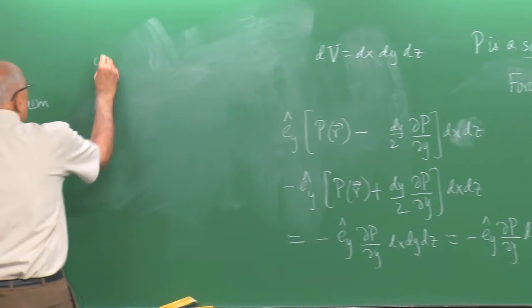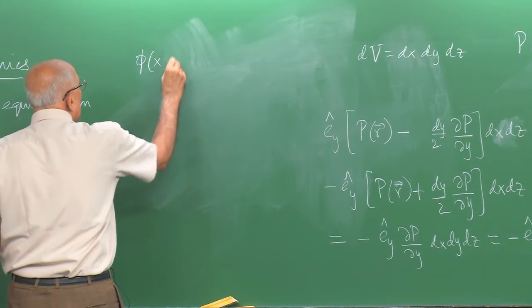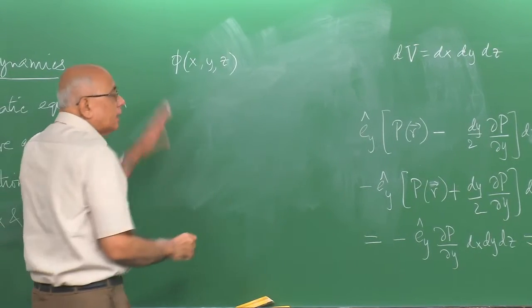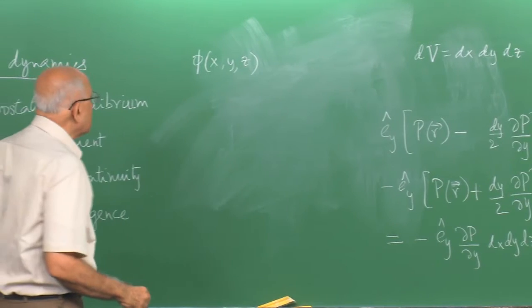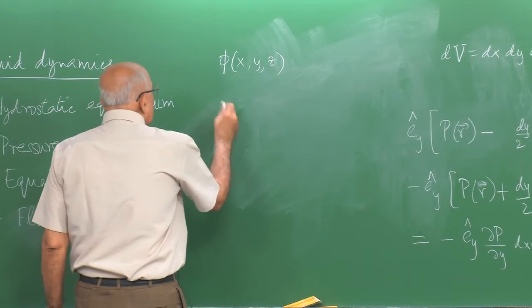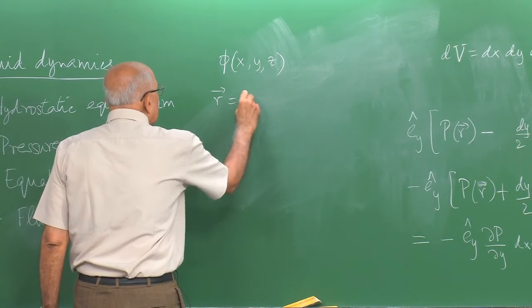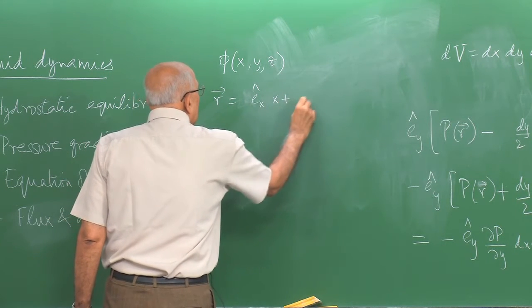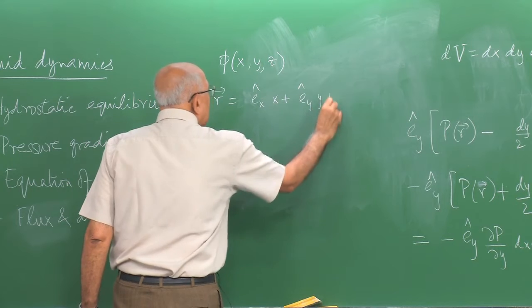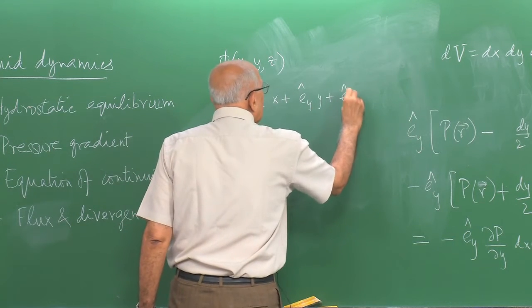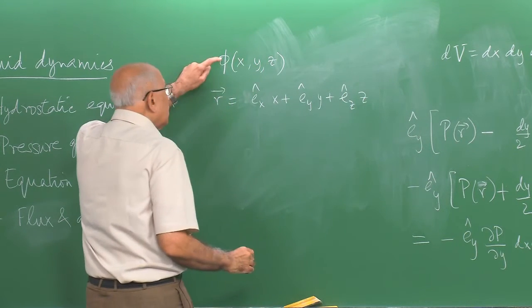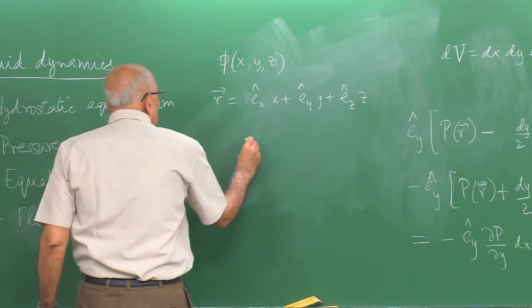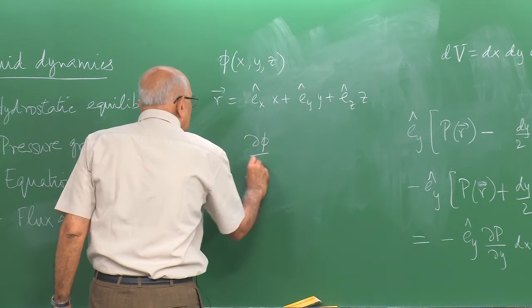If you give me a scalar function phi of x, y and z, any scalar function of the 3 coordinates, then I can construct, just as I define the position vector to be Ex times x plus Ey times y plus Ez times z, partial derivatives.